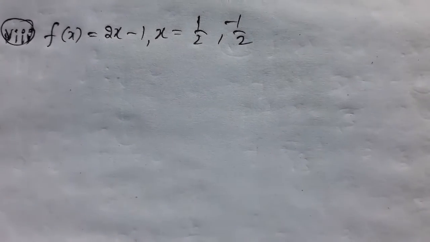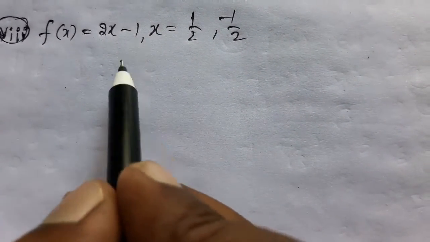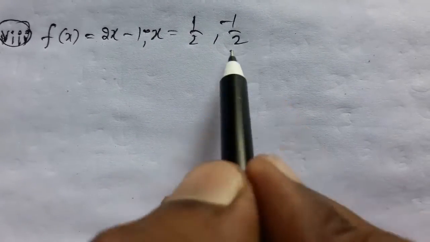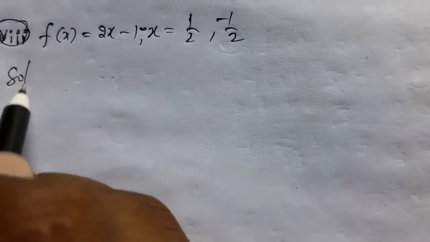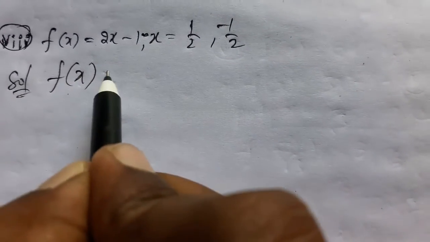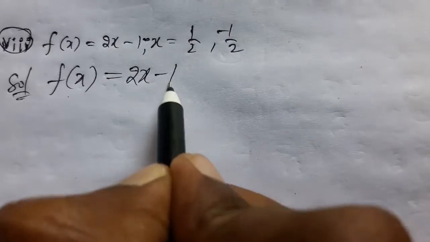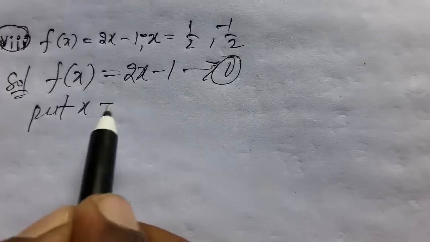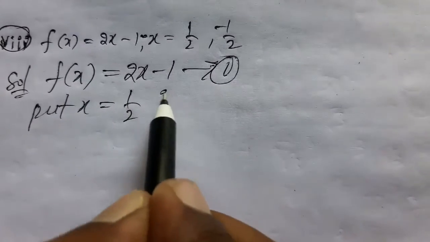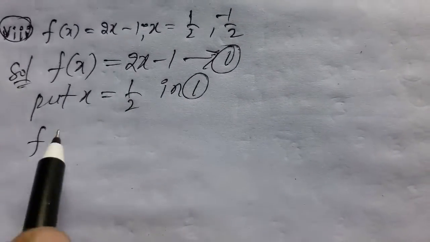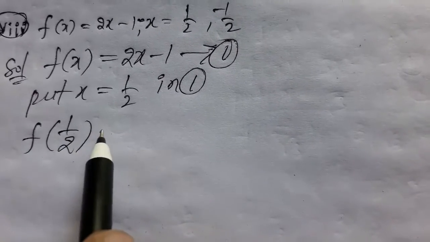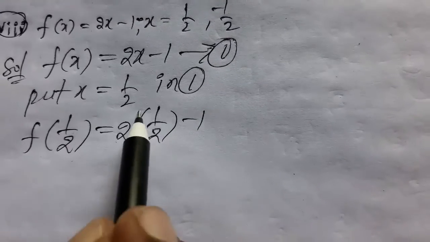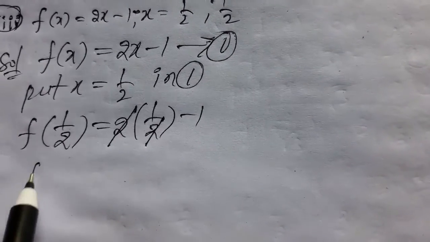See here, f of x equals 2x minus 1 is a polynomial and x equals 1 by 2 and minus 1 by 2 are the given values. Now solution. What is given? Polynomial f of x equals 2x minus 1. Take this as equation 1. Put x equals 1 by 2 in equation 1. Now f of 1 by 2 equals 2 into 1 by 2 minus 1. Numerator and denominator 2 cancel.